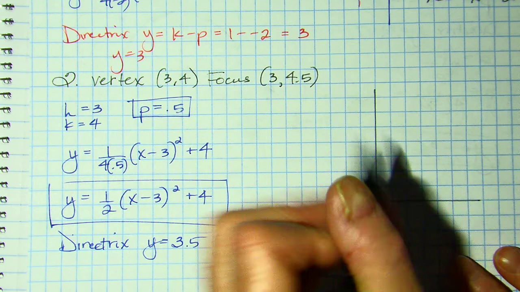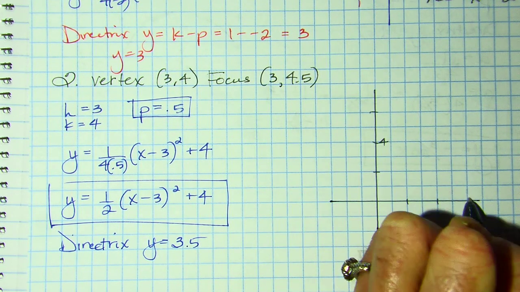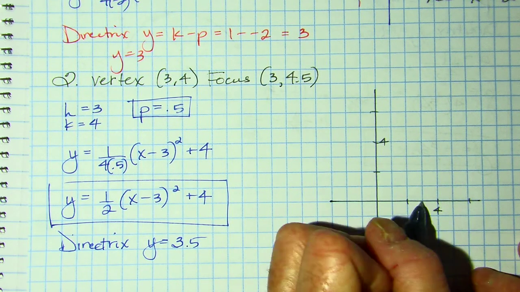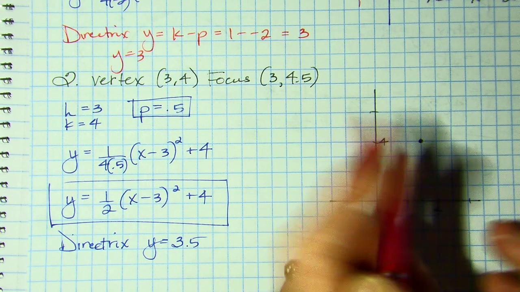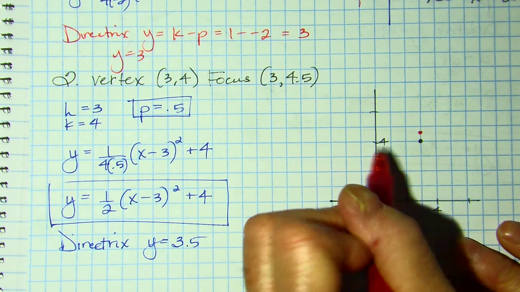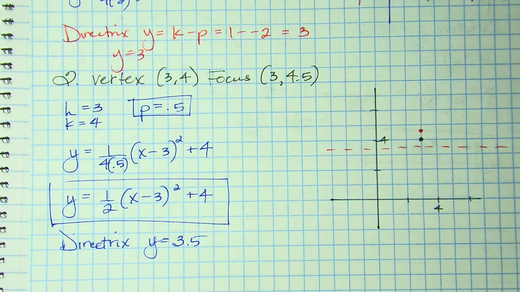So I know 2, 4, 6. My vertex is at 3, 4. My focus is at 4.5, so the directrix should be the equal distance behind it.